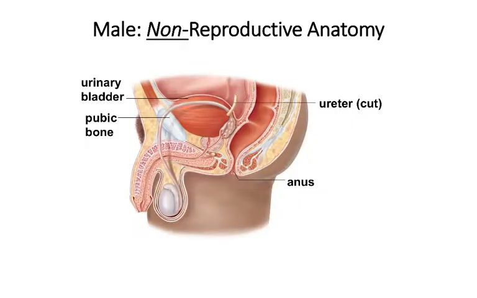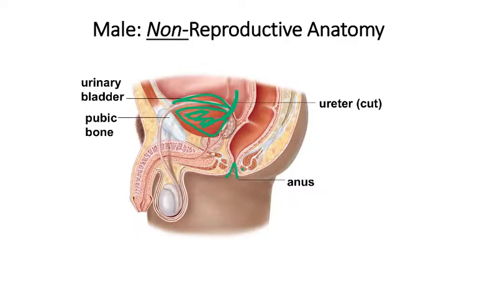Okay, so first things first, non-reproductive anatomy. Here we have a mid-sagittal section, and we've got the urinary bladder here, the ureter from one of the kidneys coming down, and the anus. So we've got the anal sphincter muscles here.